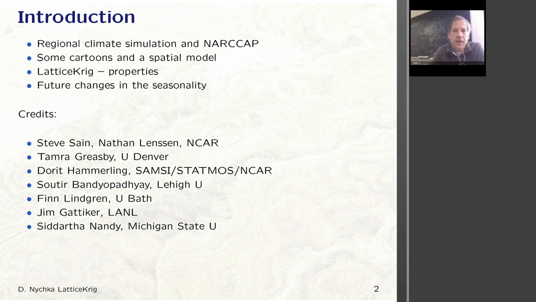It's a fairly involved application, and I apologize if in the end it goes a little bit too quickly and it's not quite clear what I'm doing. But really the main point is I just wanted to get that out there and remind people that NARCAP is still an important data set to work with, and it's a nice litmus test to see how different spatial methods work. The statistical method we're calling lattice-Krieg.